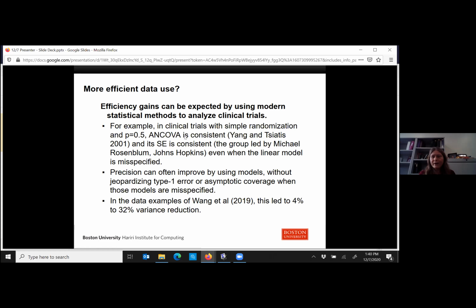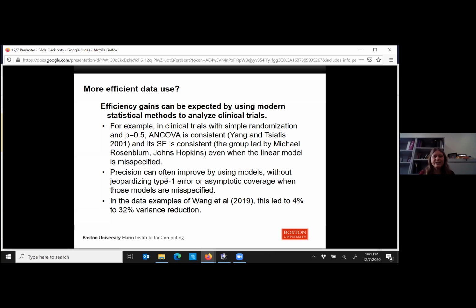So ANCOVA is typically used assuming that a linear model for how the outcome depends on treatment and on baseline covariates is correctly specified. But it turns out that for a treatment effect, this ANCOVA method leads to consistent and even consistent standard errors, even when the linear model is misspecified.